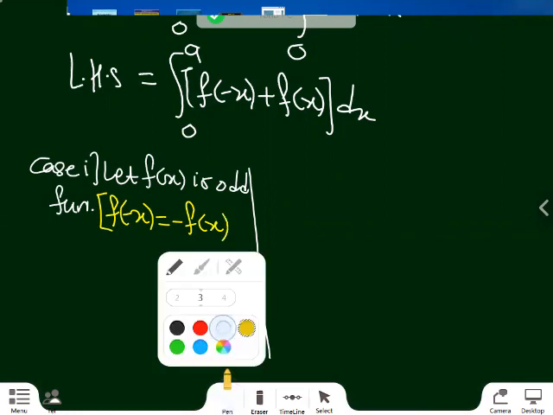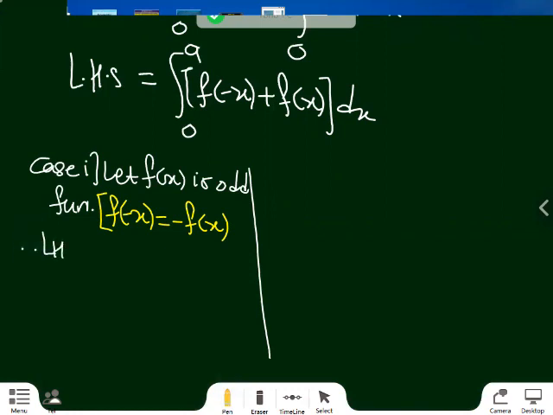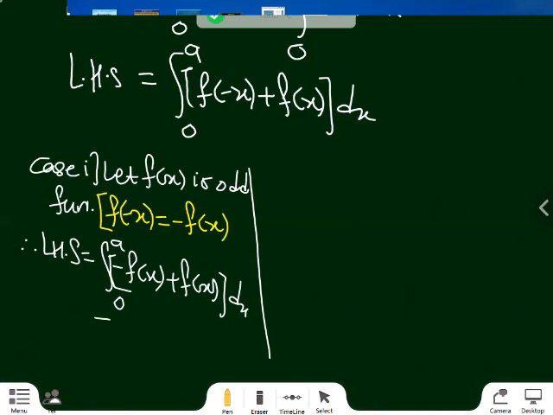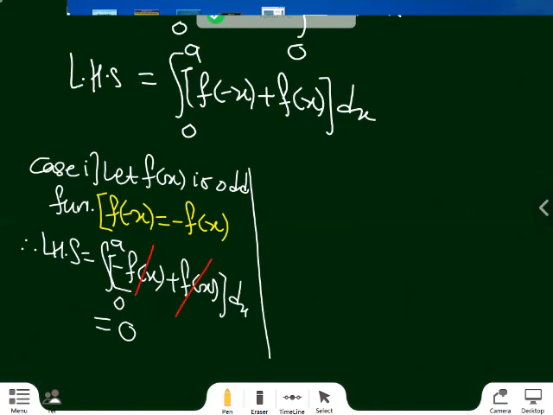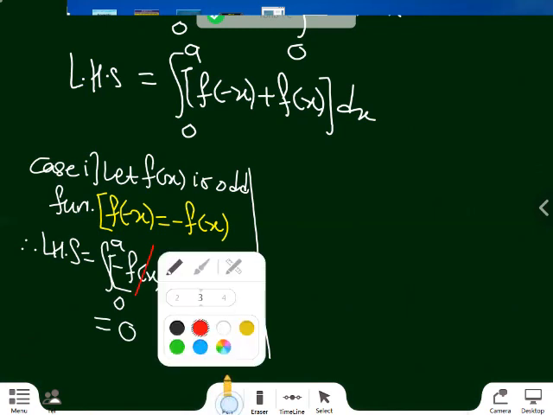Putting this value in LHS, the LHS becomes integration from 0 to a minus f of x plus f of x dx, because the value of f of minus x is minus f of x for the odd function. This becomes 0 because plus f of x and minus f of x get cancelled. This is the first case.